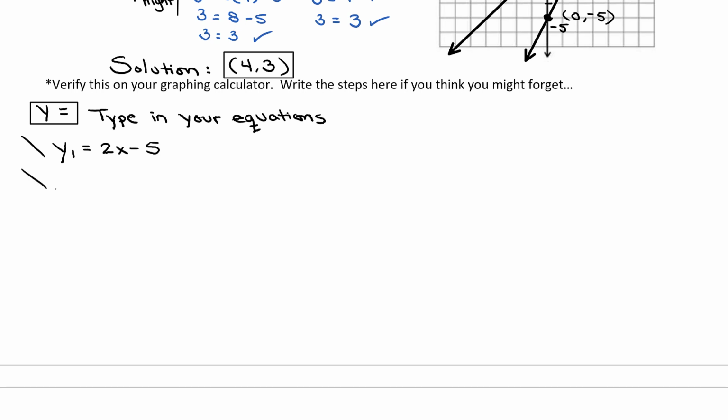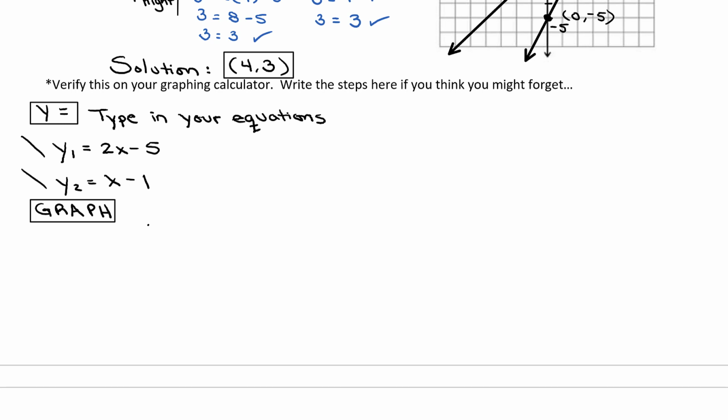Then you press down, and at Y2 equals, you type in x minus 1. And then you press the graph button in the upper right-hand corner of your graphing calculator.